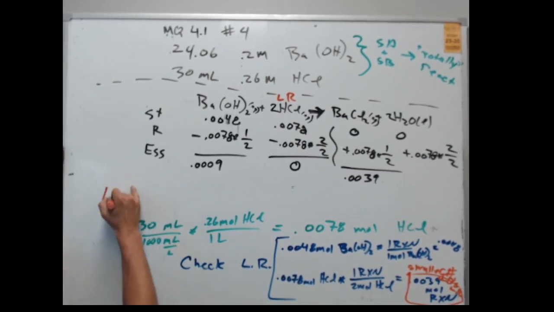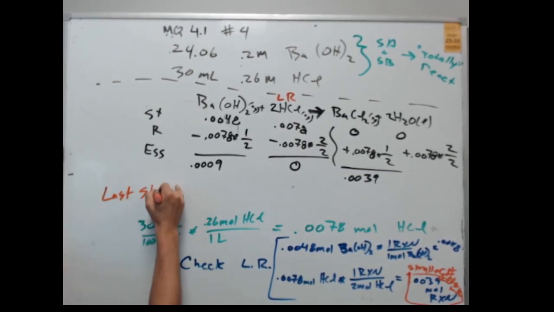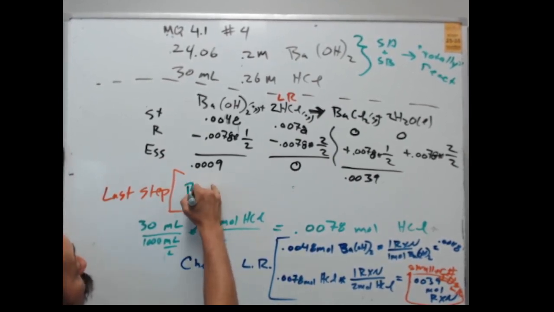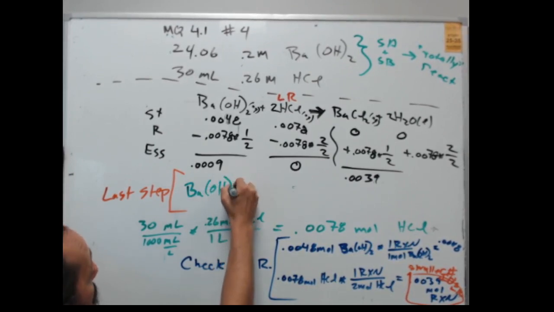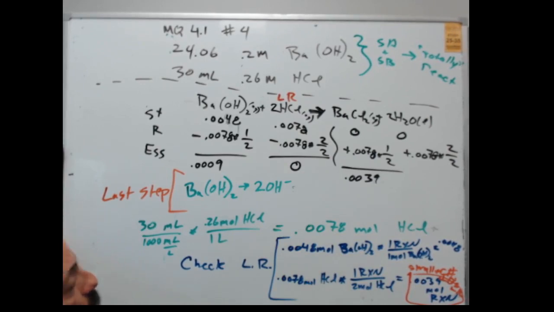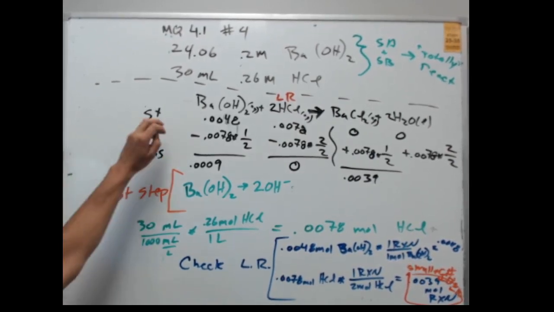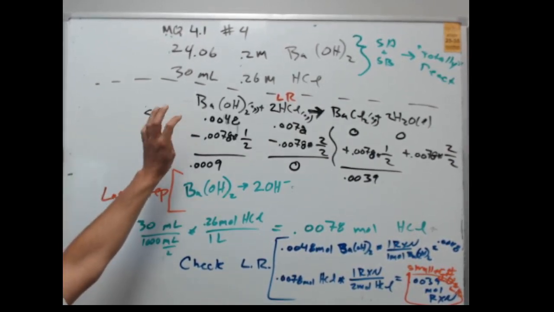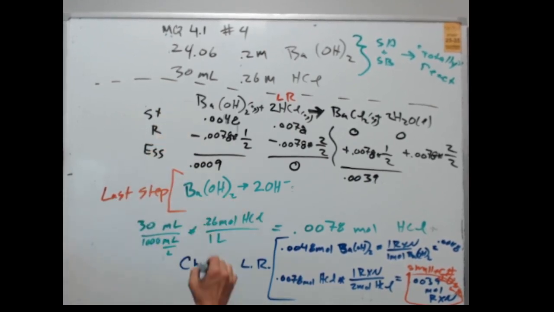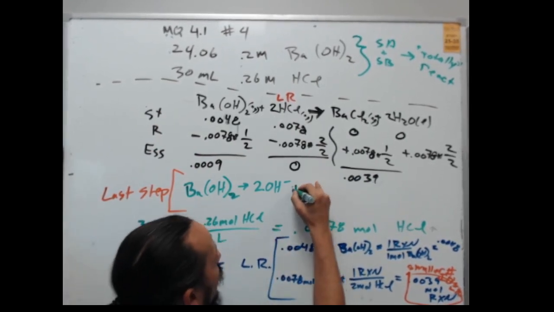So we can take the moles of excess of barium hydroxide and then put that over the total volume. Oh, we've got to be careful about that. That's what I did wrong, probably. Because of the ratio, right? We have to take the molecular ratio of how many hydroxides for every molecule that falls apart.